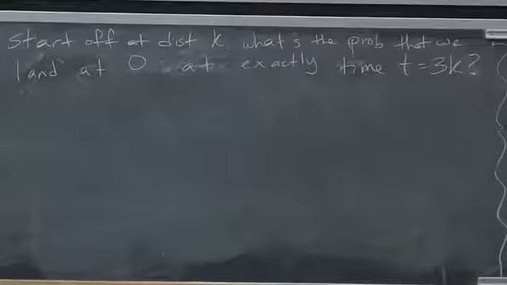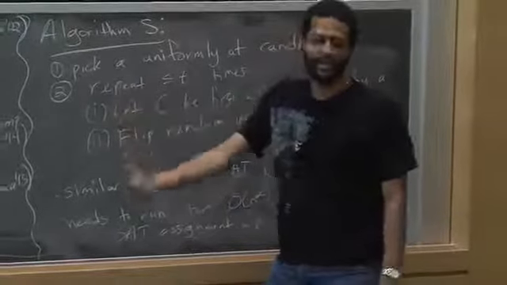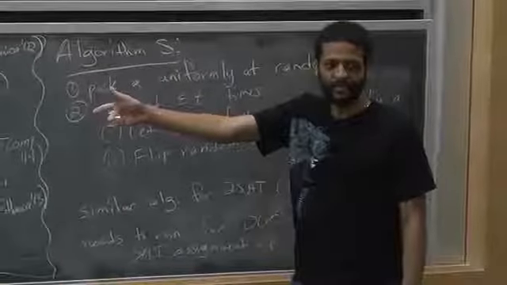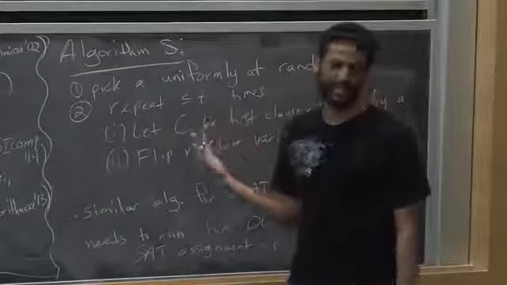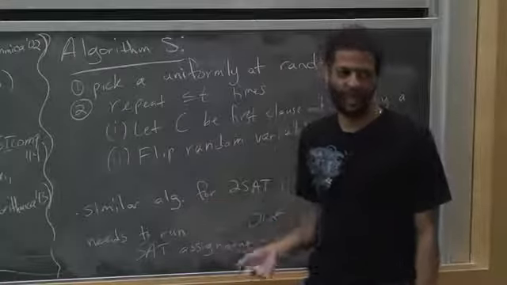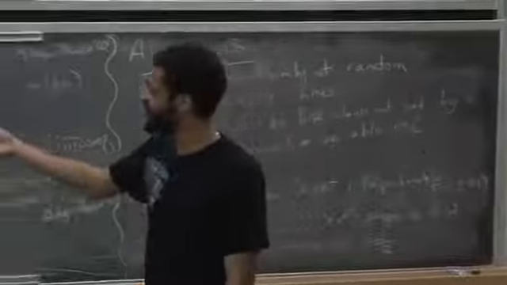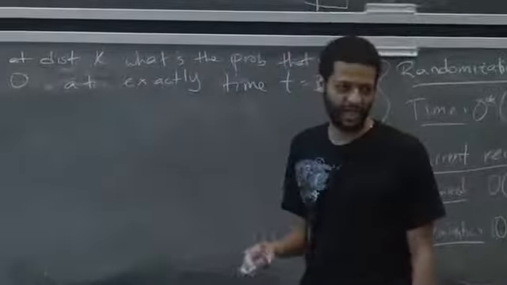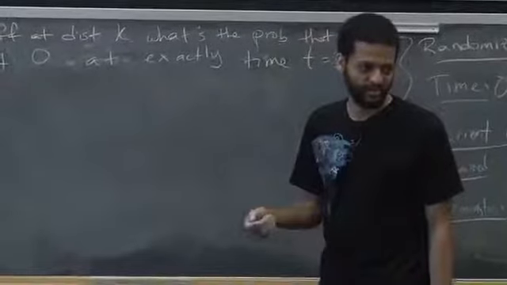Really what we're going to do is run this because we don't really know what k is. But as long as we're running it at least 3k steps, this analysis will apply. So we can set t to be like 3n. Then definitely the 3k mark will have passed. And then we're going to show that this probability is at least something like 3/4 to the n, roughly.